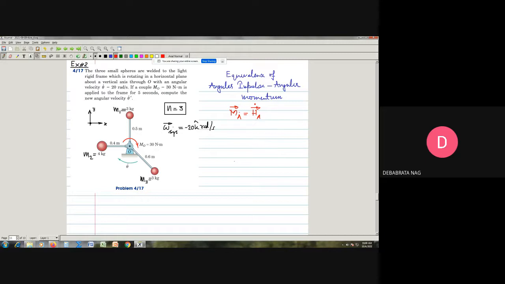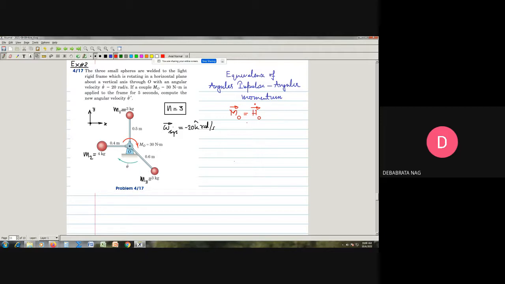inertially fixed point. So here, instead of taking the moment center as an arbitrary point A, we know that this equation can be written with respect to an inertially fixed point, and the inertially fixed point in this system is evidently the point O. So we are going to write this equation about point O like this.